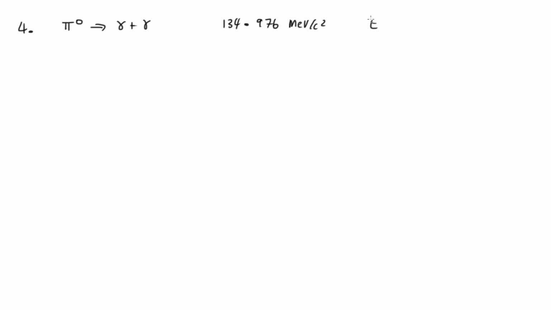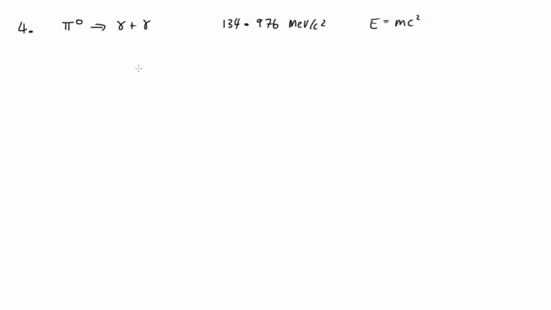So we know that E is equal to mc squared, and so this is an energy divided by c squared to get the mass. And we're asked to calculate the wavelength of the photons, and we're also asked why must they have the same wavelength. So why are we creating 2 gamma photons here with the same wavelength?